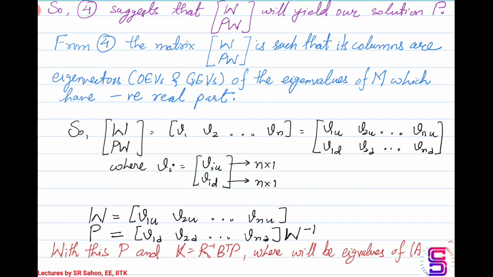You also know the negative eigenvalues that participated in the construction of the matrix lambda. Try to see if there is a relationship between the eigenvalues of A minus BK and the eigenvalues of the capital lambda, or the negative real part eigenvalues of M, and see what you can conclude about them.